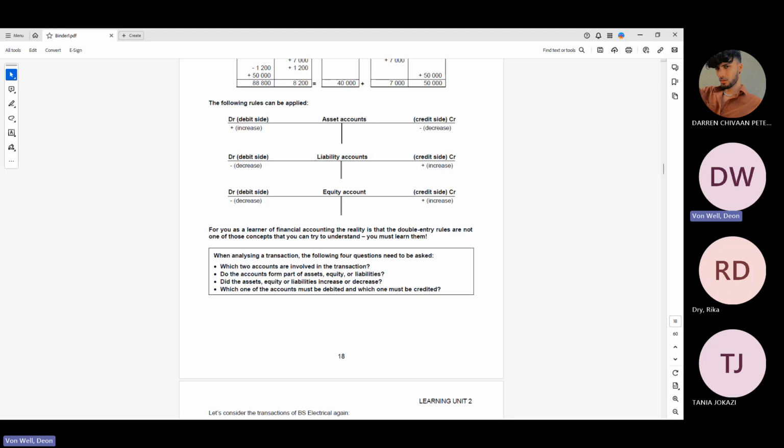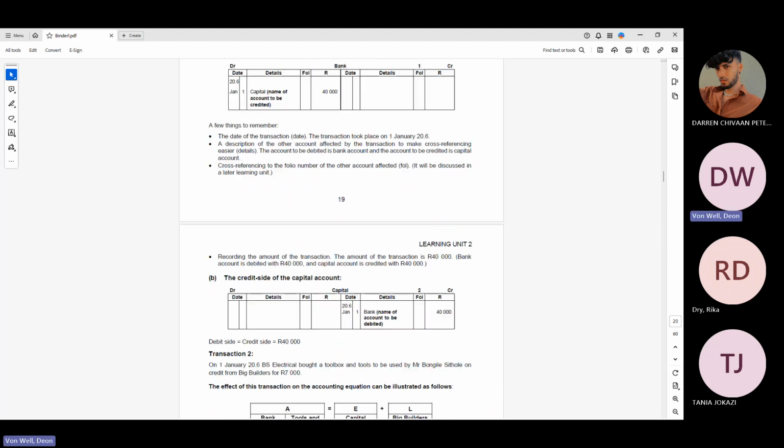If it's decreasing, I must debit it. If it's an asset increasing, I must debit it. If it's decreasing, I must credit it. And then which one of the accounts must be debited and which one must be credited. Because remember, double entry: if there's a debit, there must be a credit.